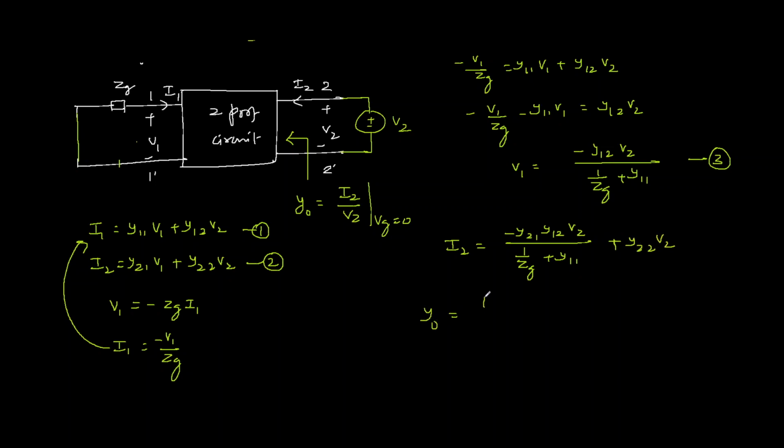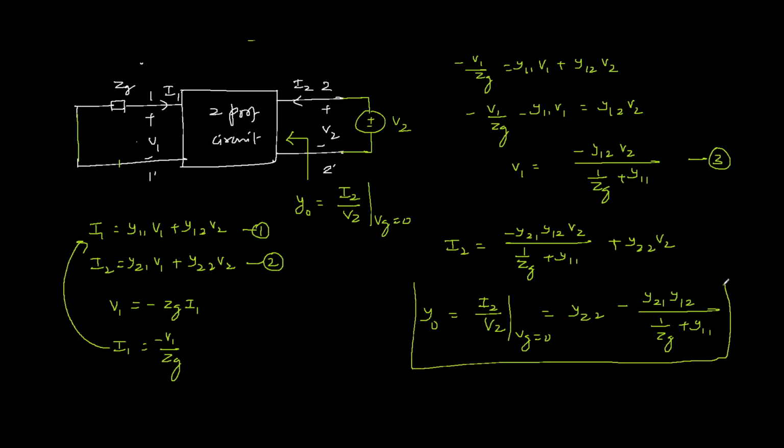So Yo, which is I2 over V2 when Vg is 0, is simply Y22 minus Y21 Y12 over (1 over ZG plus Y11). That's how we find the output admittance.